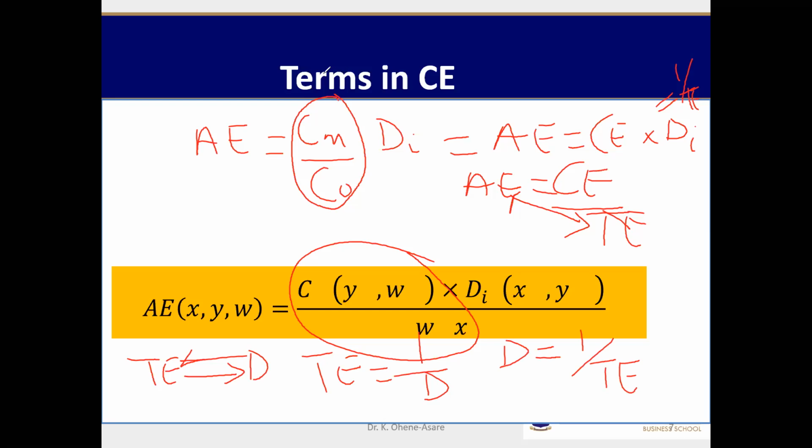And I want you to understand this because we are going to be shifted into distance function as we do this current work, as we do the cost productivity as we go on. And the whole idea is that, so let's say that I tell you that something is a reciprocal of the other. The only way to change it is bringing one on top and taking one down.